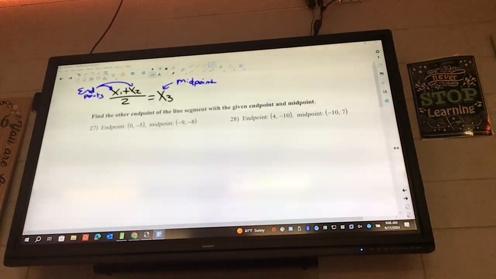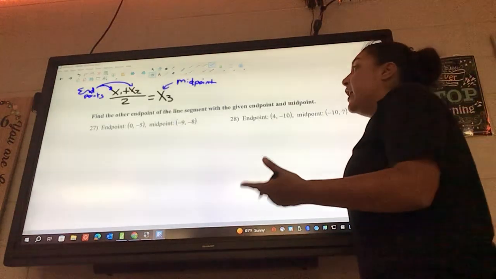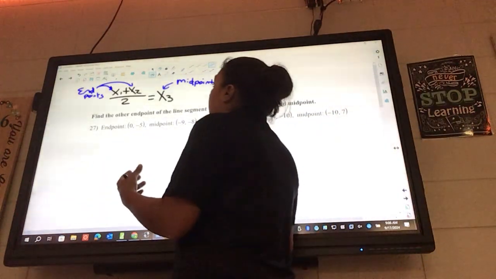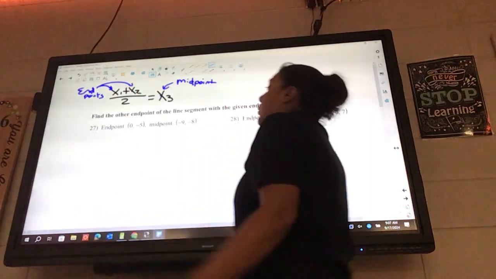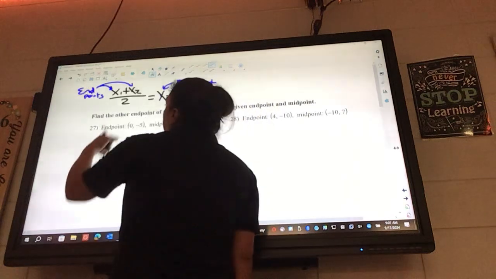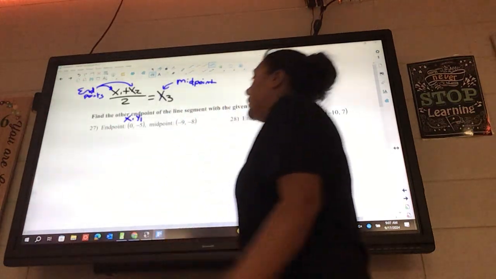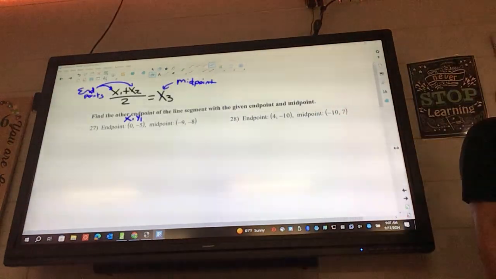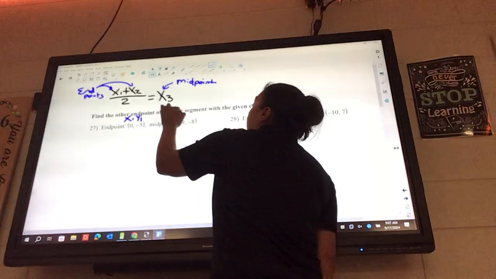So my endpoint, I'm going to label, and it's the exact same thing for the y's. If you want to write the y formula, you totally can. But essentially, you're going to take this and put y instead. So I can label my endpoint x1, y1. I'm going to label the midpoint x3, y3.